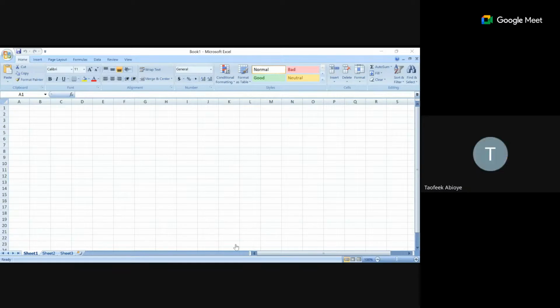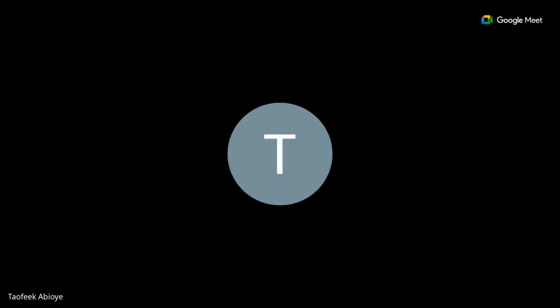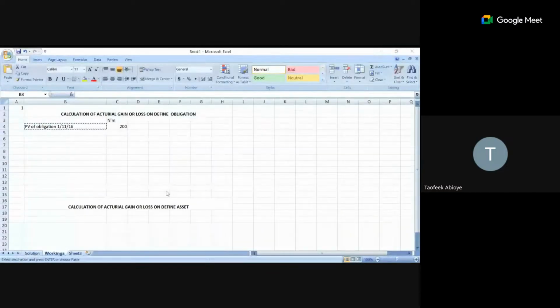I have two Excel on my screen, so I was presenting the second one. Let me quickly present the first one. So this is it. Hope you can see it now. Yeah, I can see it now.